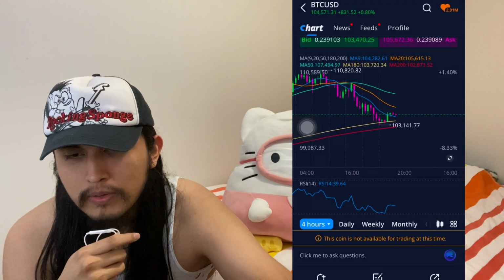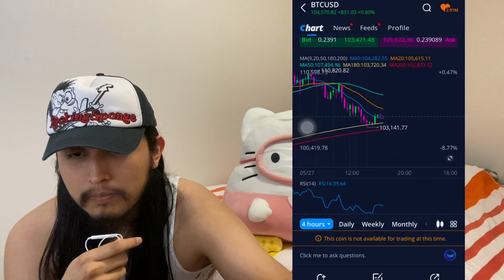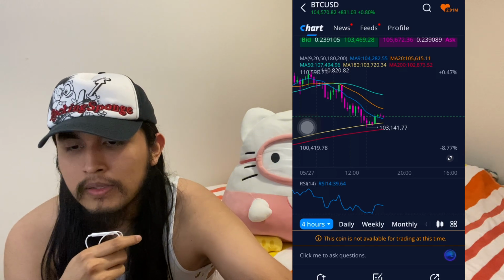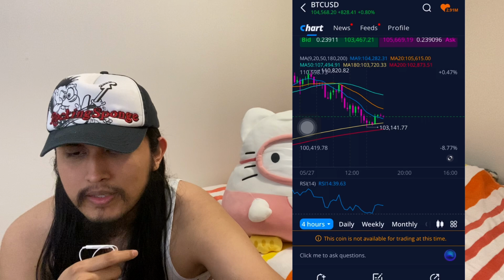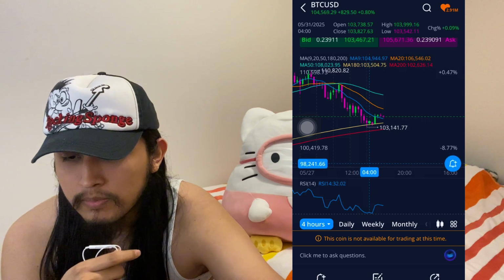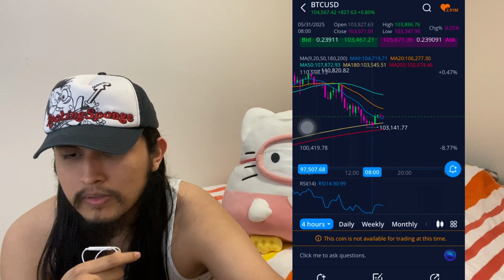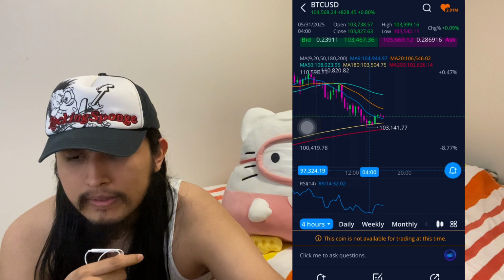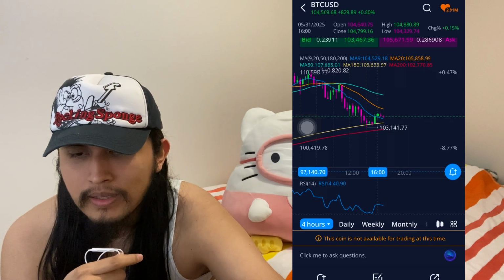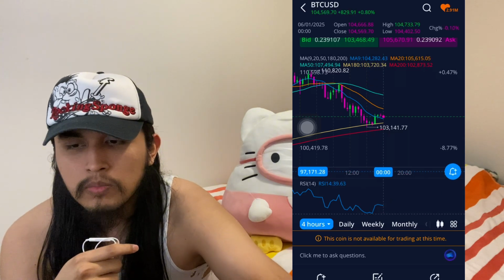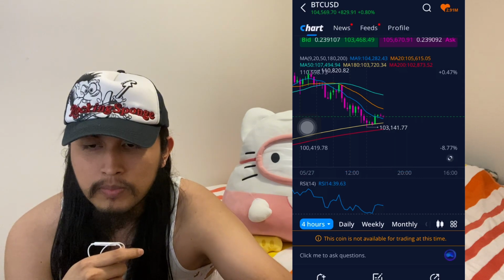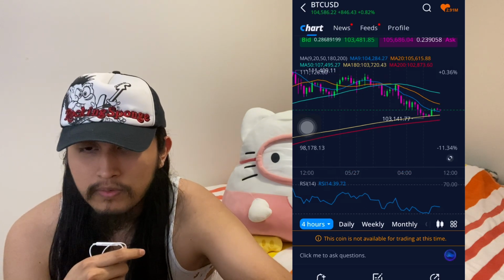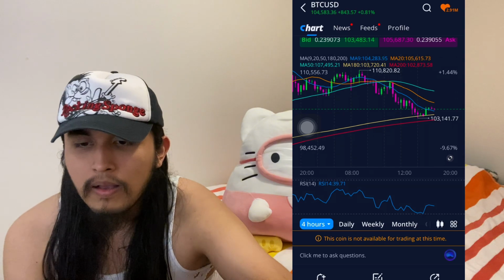On the 4-hour time chart, it looks like Bitcoin managed to break above the 9-day moving average, and it managed to use the 180-day moving average as support. So we saw a bounce off the 180, and the next step would be that Bitcoin would need to break above the 20-day moving average so we can see further uptrend and a reversal towards the upside.